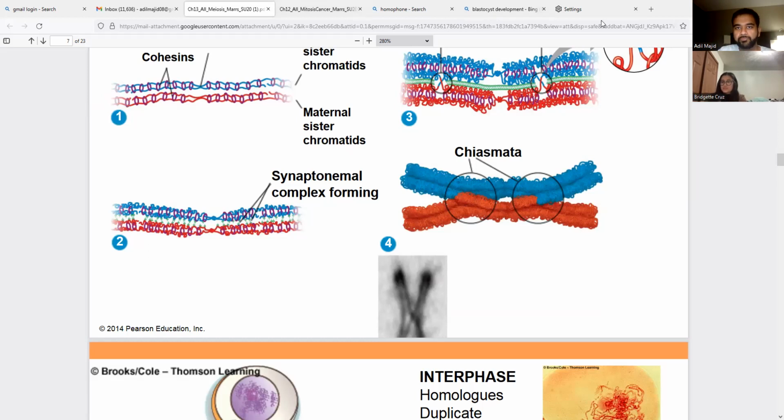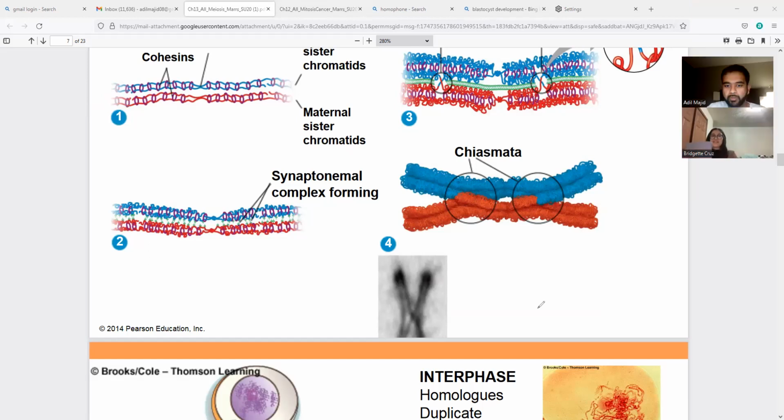Oh, here it goes. See this orange part that I circled here?